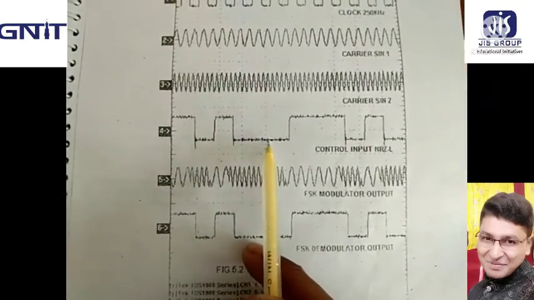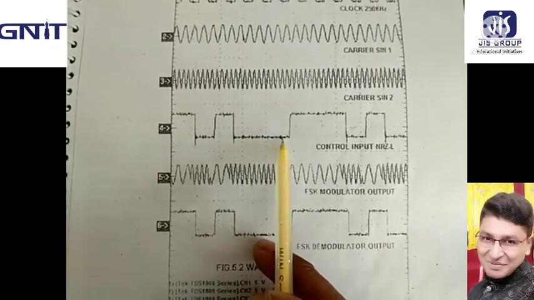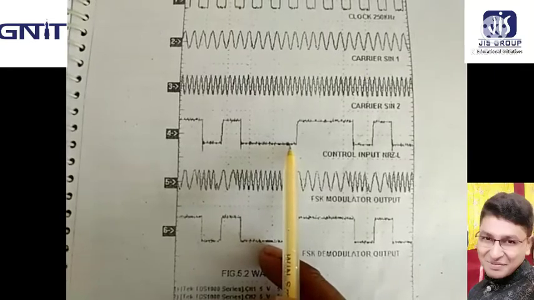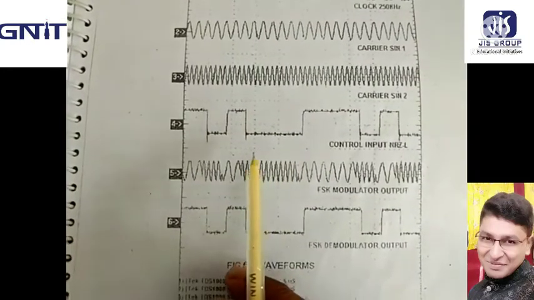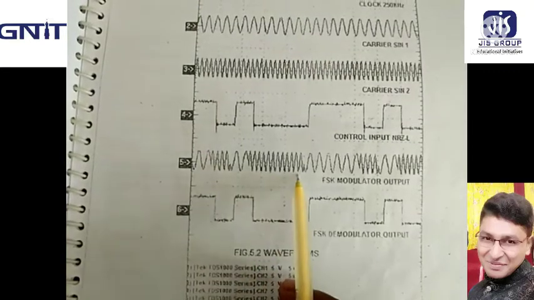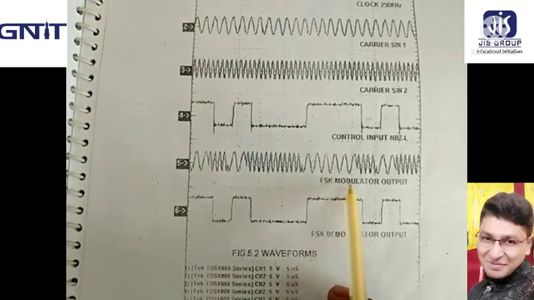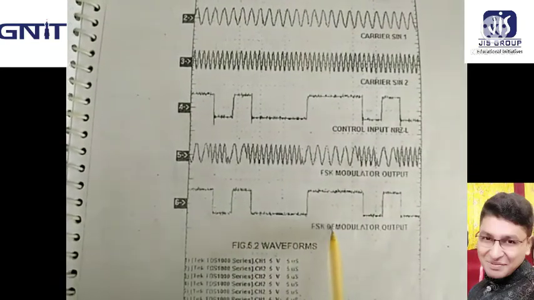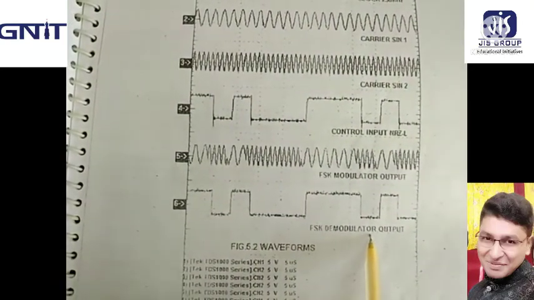This is our binary digit or digital signal. This is our FSK modulator output, and the last one is the demodulator output.